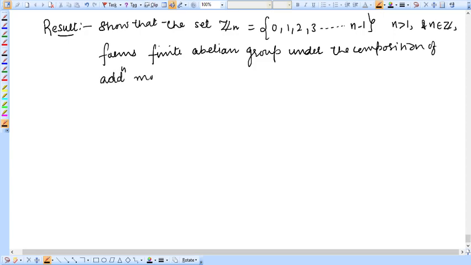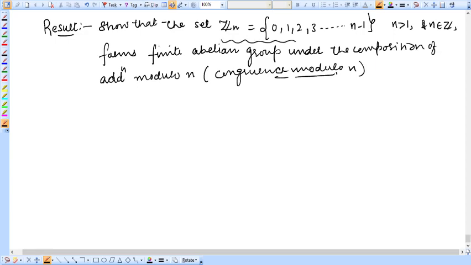Addition modulo n, or it is also known as congruence modulo n, right? So see, what is the operation here? Operation is addition modulo n, and set is the set of integers from 0 to n minus 1, right?